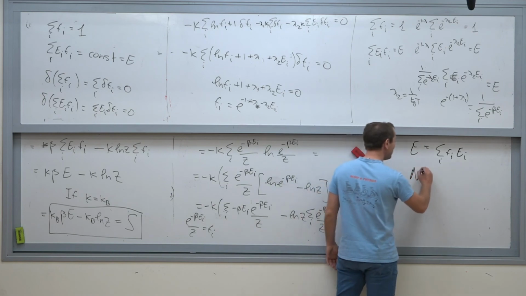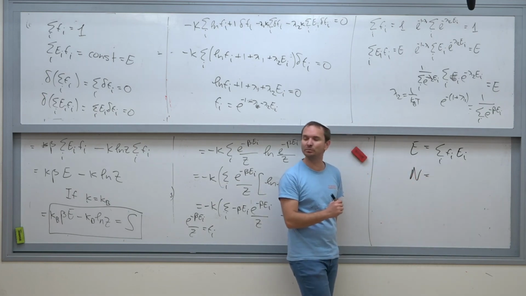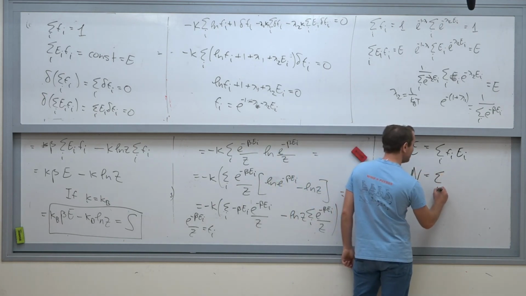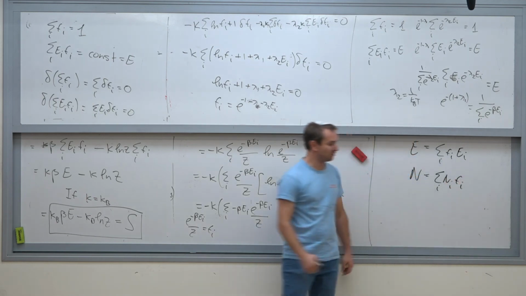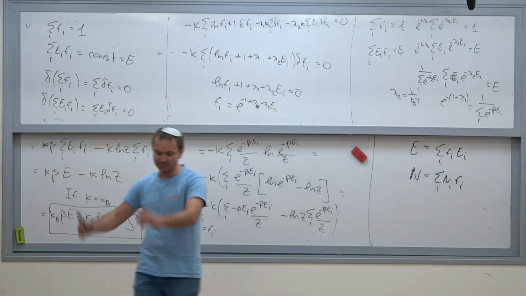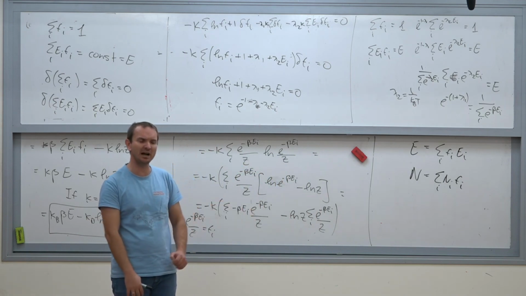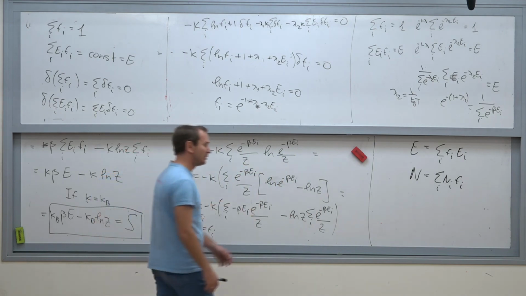And the only thing that I want to be constant is the average number of particles, the sum over i of Ni Fi. For this state, I have this amount of particles; for that state, I will have that amount of particles.